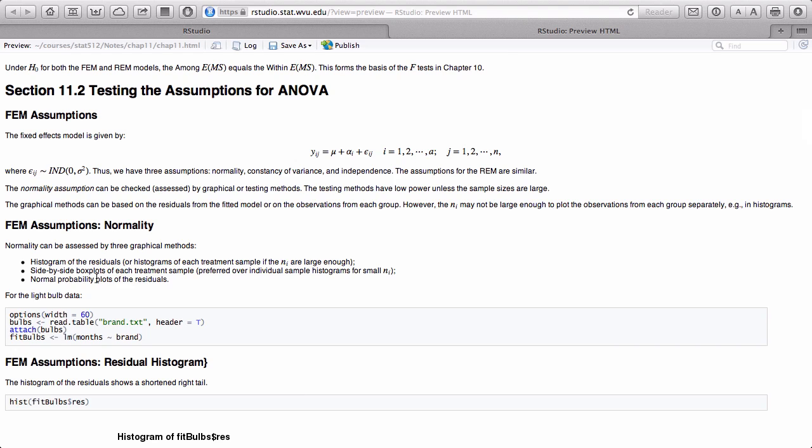This is where a lot of people really mess up in their research, is that they don't understand the sources of variability and they don't understand how to control the sources of variability. When you come to controlling the sources of variability, this is what we call the design of experiments. And Stat 513 gets into that. We'll get into it a little bit. 513 will get into it in much more depth.